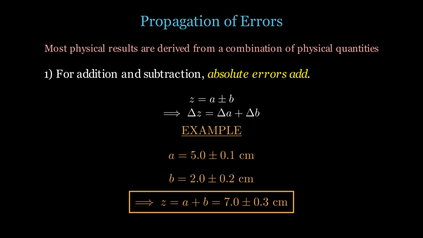That's because in the worst case scenario, A is 0.1 too high and B is 0.2 too high, so the full error in Z is the sum of the two. And thus Z would be written as 7.0 plus minus 0.3 centimeters.